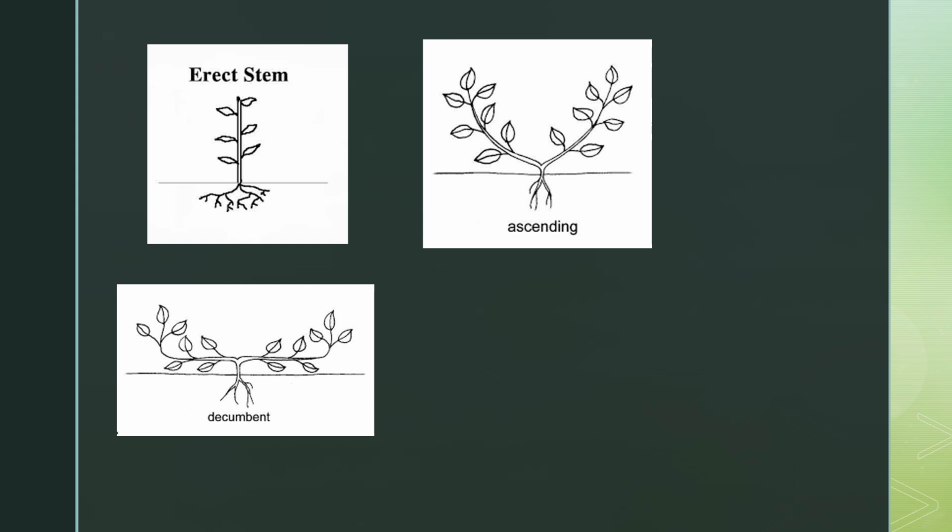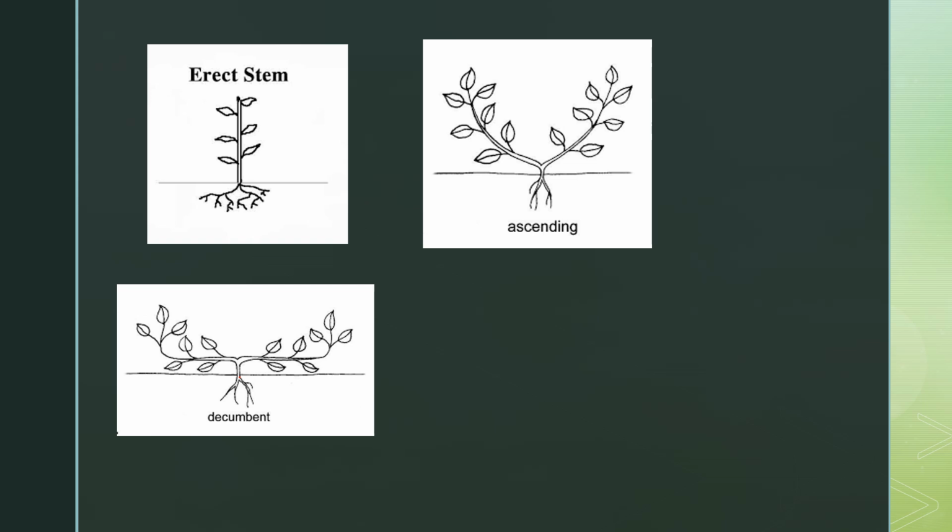This is the erect stem. Okay, and also ascending, it's growing obliquely, and the decumbent, it's reclining on the ground. It can be reclining on the ground or near the base, as in this picture.